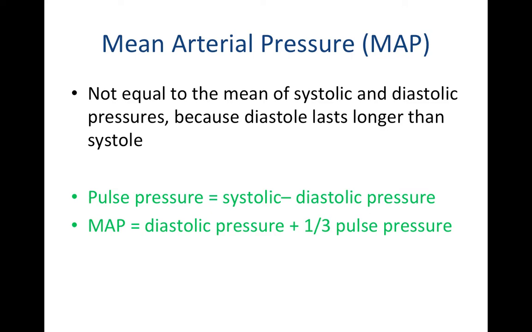As I said before, your mean arterial pressure takes into account that extra diastolic pressure because of the extra time spent in diastole. Pulse pressure is your systolic pressure minus your diastolic pressure. So you're basically looking at how hard your heart is working. What is the difference in the pressure of your blood vessels between systole and diastole? How much force is your heart using?